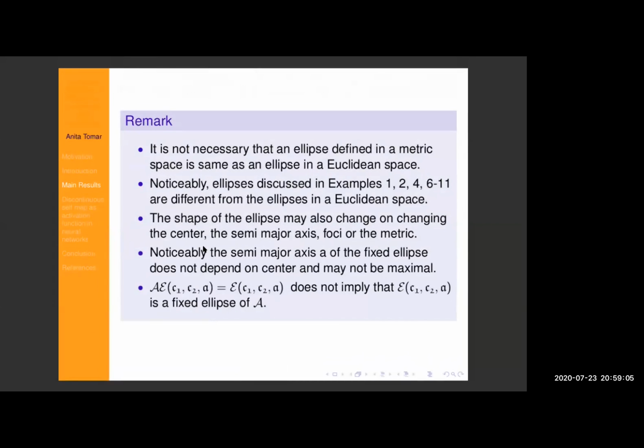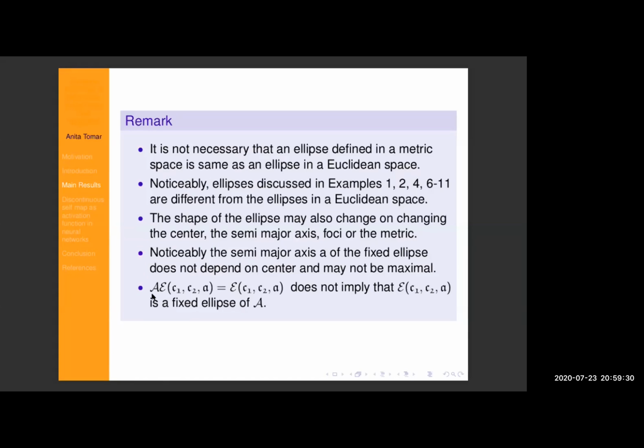So we see that it is not necessary that an ellipse defined in a metric space is the same as an ellipse in Euclidean space. Also, the shape of the ellipse may change on changing the center, the semi-major axis, the foci, or the metric. One may also observe that the semi-major axis A of the fixed ellipse does not depend on the center and may not be maximal.